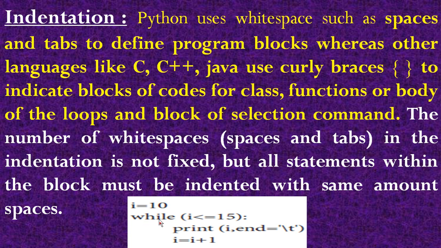For example, here is the while block. We are indenting the two lines inside the while block. So the while block contains the two statements that are print statement 1, next one assignment statement I equal to I plus 1. So these two statements should be indented towards the while statement.